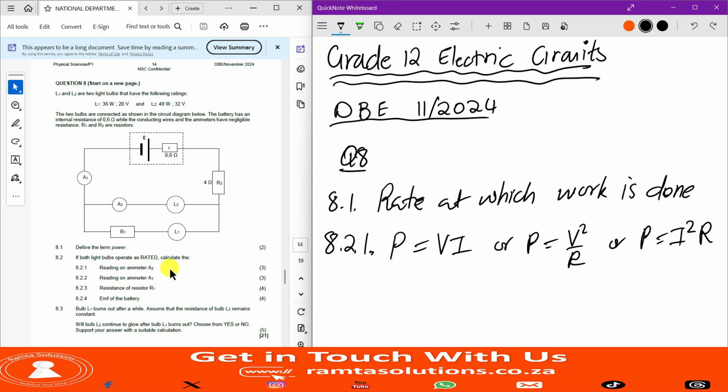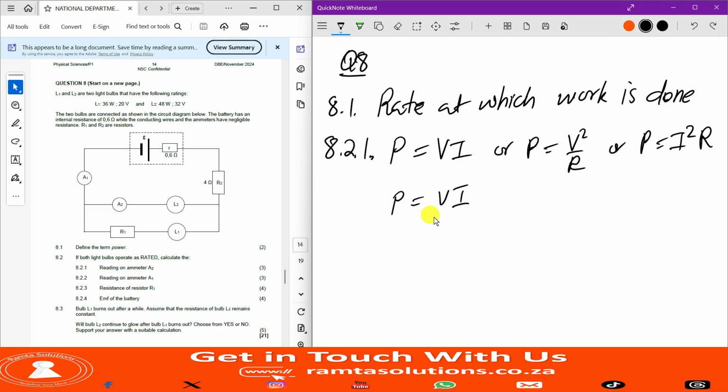For 8.2.1, which one do we have? Ammeter A2 is for light bulb L2. We have the power rating and voltage, so we can find current. We'll use power equals VI. The power rating is 48 watts and the voltage is 32 volts.